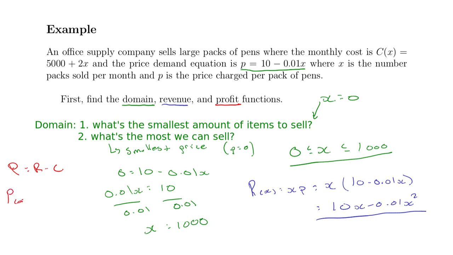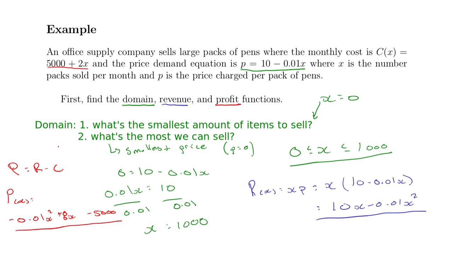So that means P of X is 10x minus 0.01 x squared minus our cost function here. So I'm going to say negative 0.01 x squared. Then we have 10x minus 2x. So that's 8x minus 5,000. So there's our profit. So domain, revenue, profit.